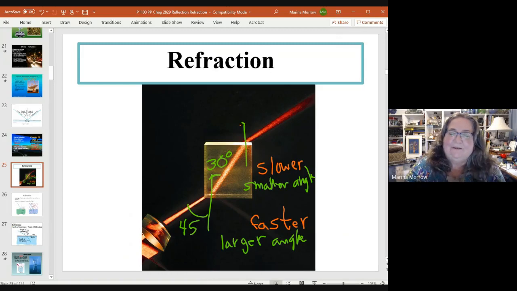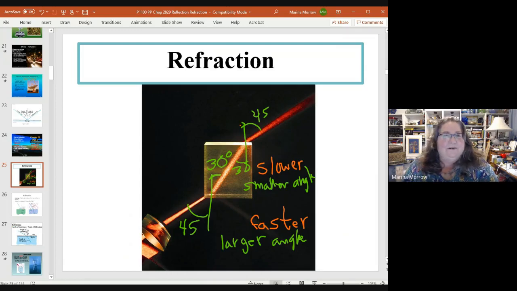Because these two sides are parallel, it's coming in at 30 and leaving at 45. So now we've learned that it doesn't matter if the light is going from the faster to the slower or the slower to the faster. It still works out that the angles are linked to the speed of light in the material.